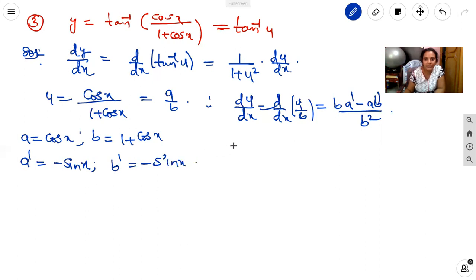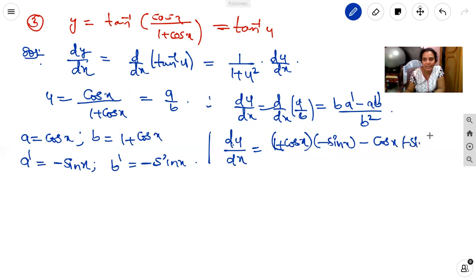Here find out the du by dx. Du by dx equal to b is 1 plus cos x, a dash is minus sin x, minus a equal to cos x, b dash is minus sin x, whole by b square, that is 1 plus cos x whole square.